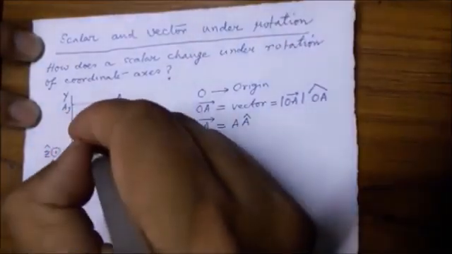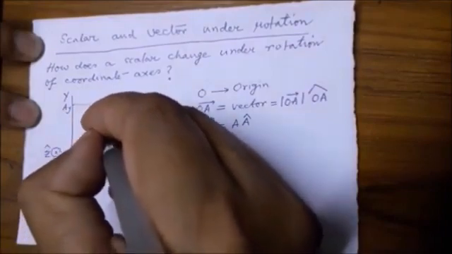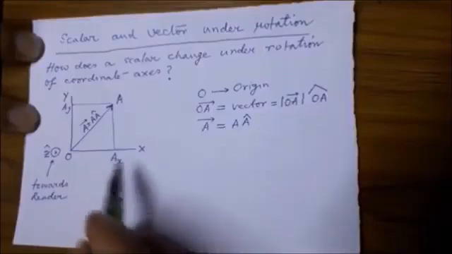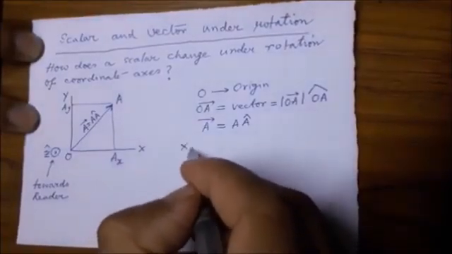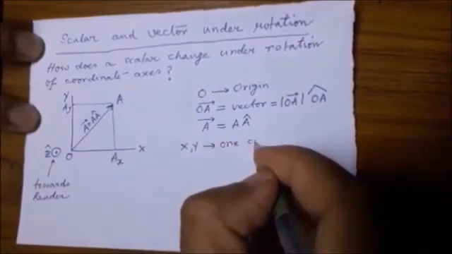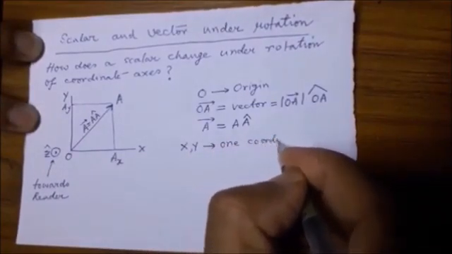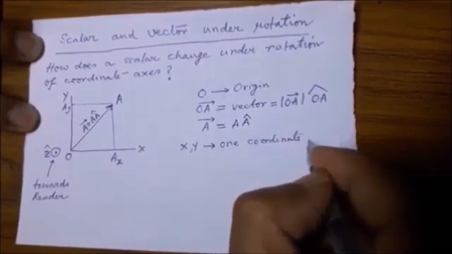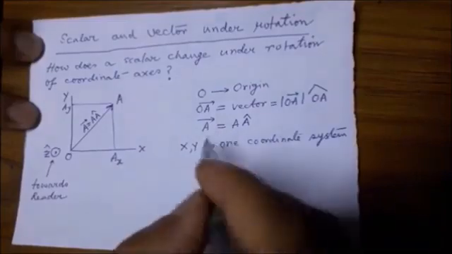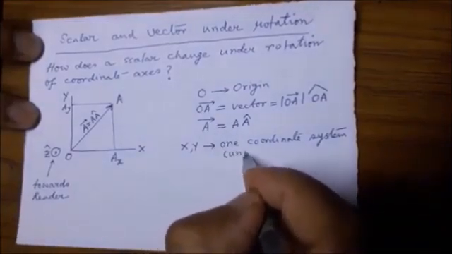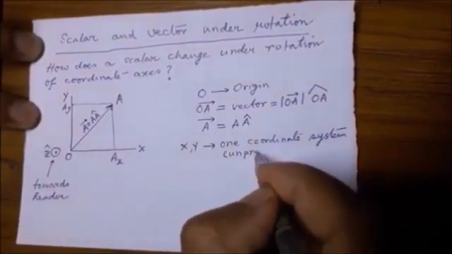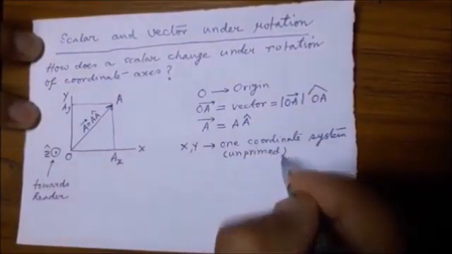So this is vector A, which is A into A hat. Now clearly xy is one coordinate system. We can call it the unprimed coordinate system because we did not attach any prime to it.